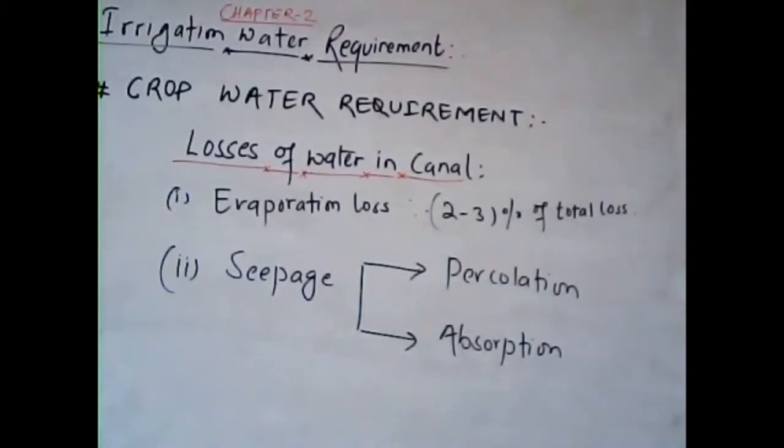Also, when you assess the different losses in the canals, these two factors help us determine how much water the crop actually requires. The actual amount of water that the crop requires may vary from individual crop on the basis of location and time, and it obviously varies for different crops as well.